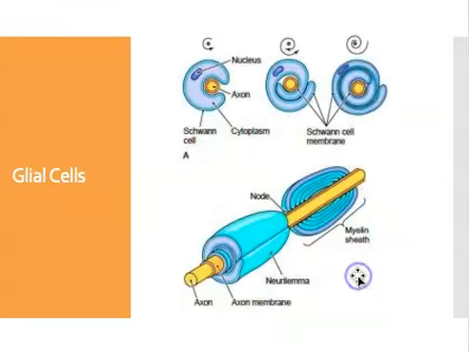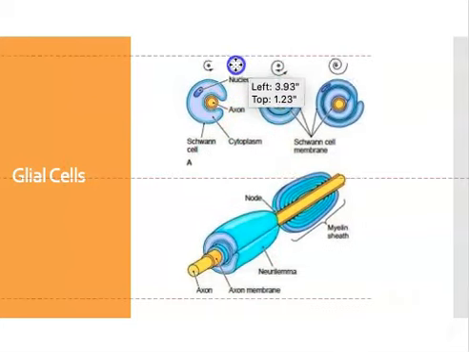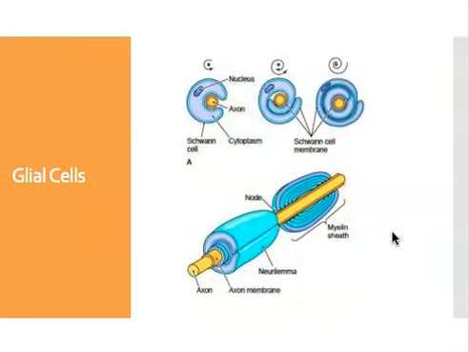On this slide, we're looking at Schwann cells producing a myelin sheath in the peripheral nervous system. Up at the top, this structure right here that looks like the letter C, this is a Schwann cell. And what it's doing is it's wrapping itself around an axon, shown in yellow.